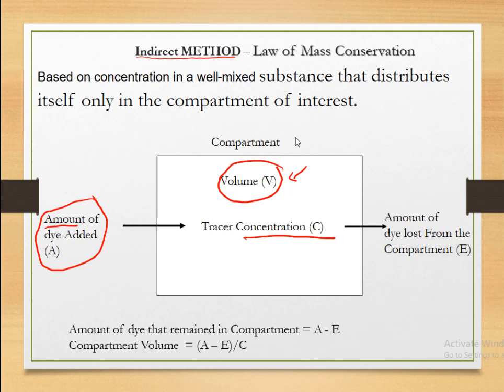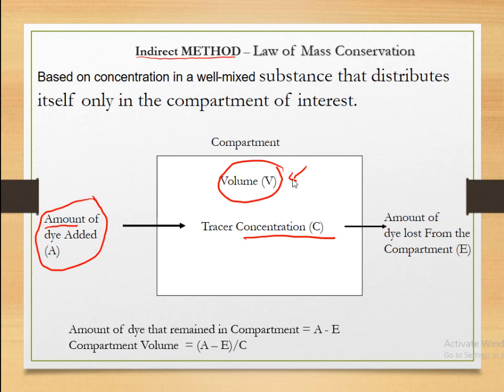Remember, we are trying to find the volume of a given fluid. So let's say this is having water, or blood, you put the amount of dye there, and you need to take note of the dye which has been lost there.